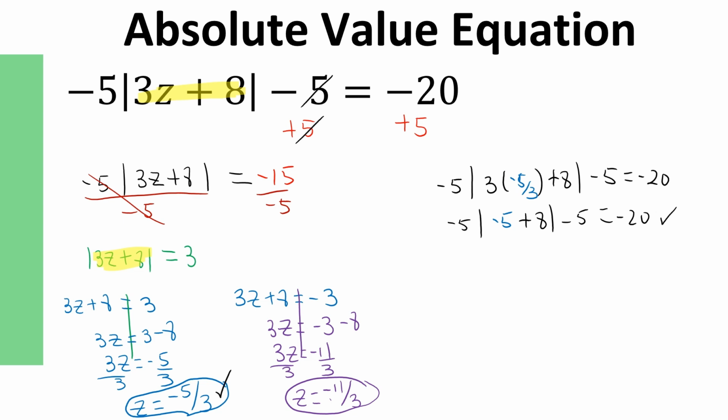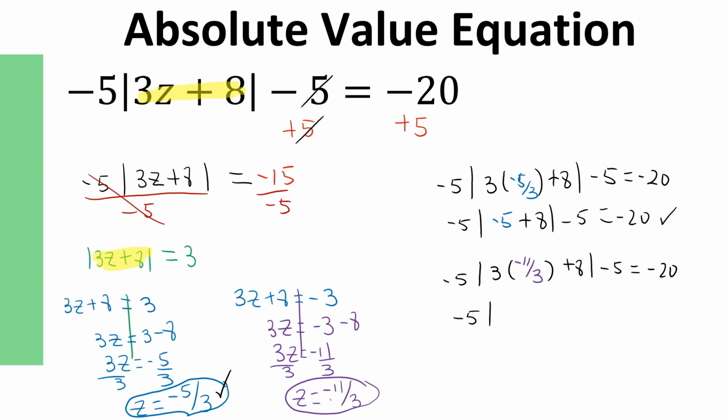So this solution works. And the next one we're going to check is negative 11 over 3. So we have negative 5 times the absolute value of 3 times z. This time it's negative 11 over 3, plus 8, and then minus 5. Does that give us negative 20?